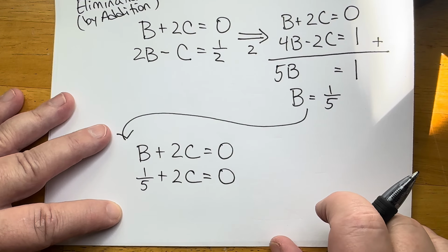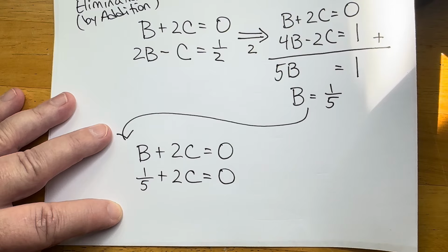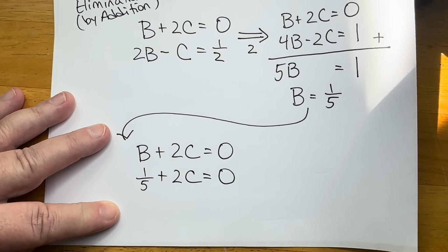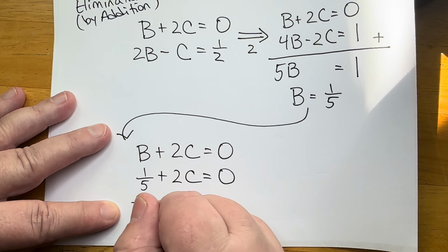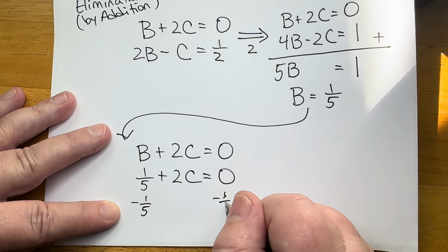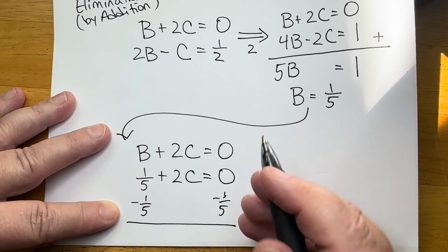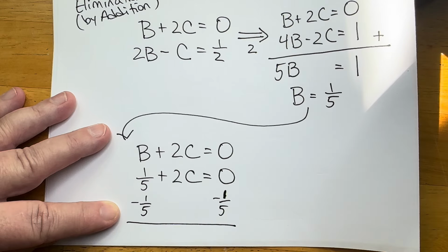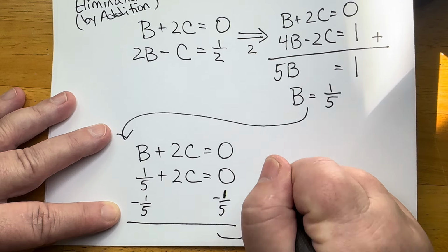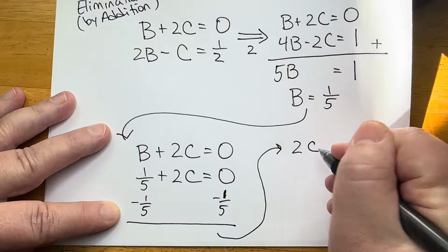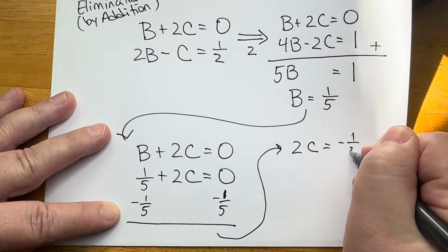Now, how you do this next is up to you. You can multiply everything by 5 to simplify it if you'd like. I'm just going to go ahead and subtract 1/5 from both sides. That's a 1 for reals.